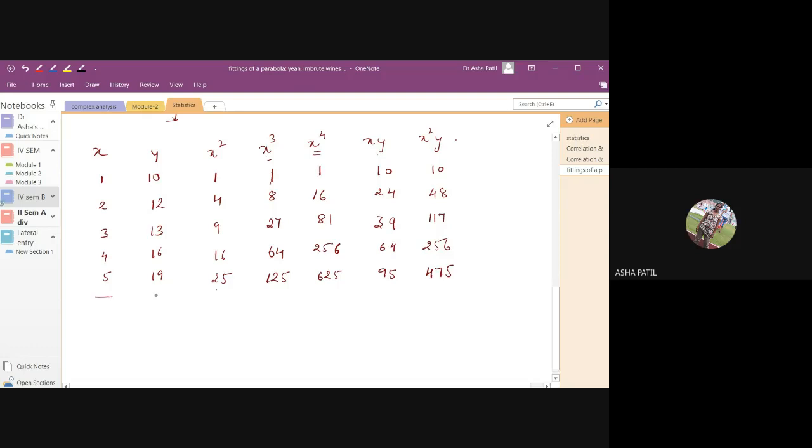Now I think we need all the summations. Summation x. We need summation y. We need x square, x cube, x raised to 4, xy, and x square y. Summation x, summation y, summation x square.